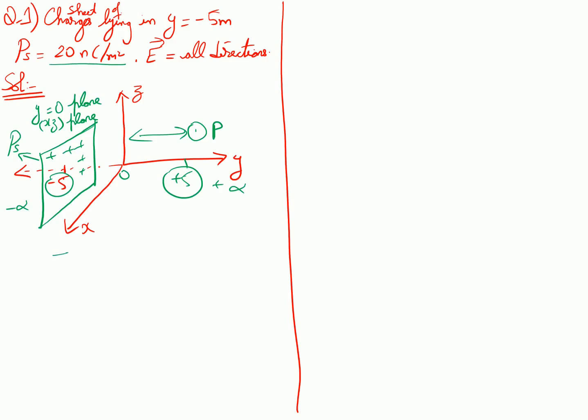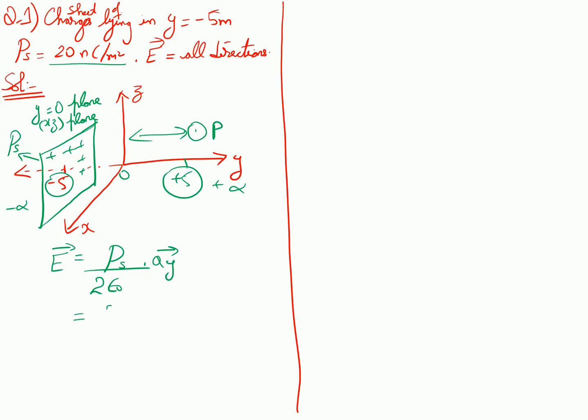In order to find the electric field, we start by writing the equation, which is surface charge density divided by 2 epsilon, and what is going to be the normal vector? Obviously along a_y, because the sheet is along the XZ plane, so the normal is along the other axis, which is a_y in this scenario.